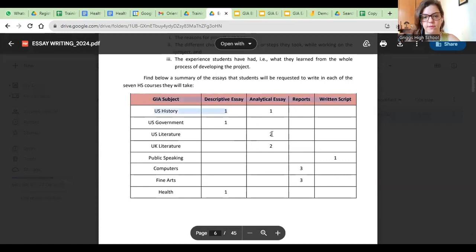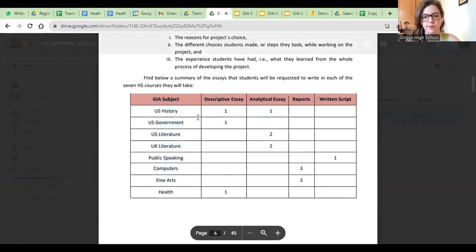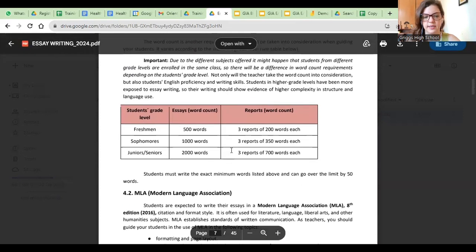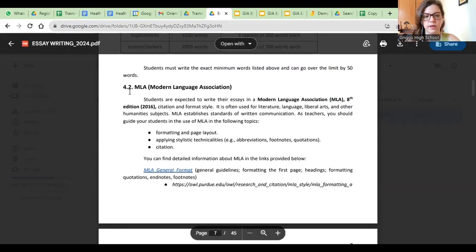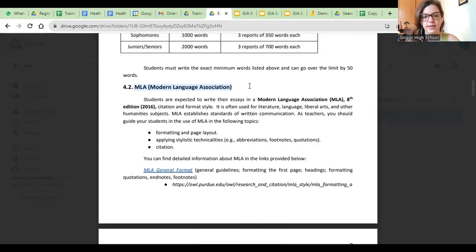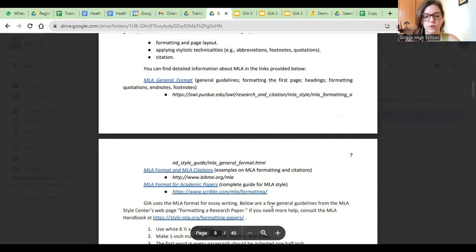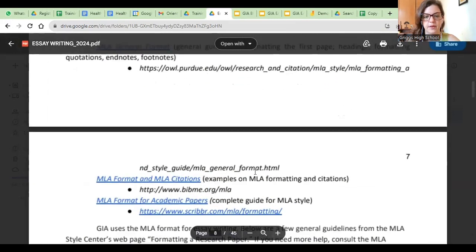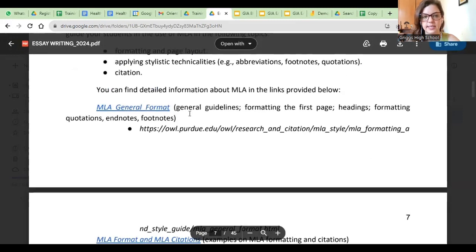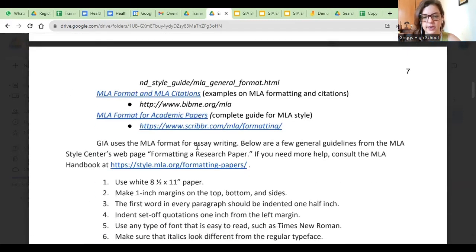Here you have the table of the type of essay, the word count, everything about MLA. You also have these links for websites where they explain the MLA formatting.